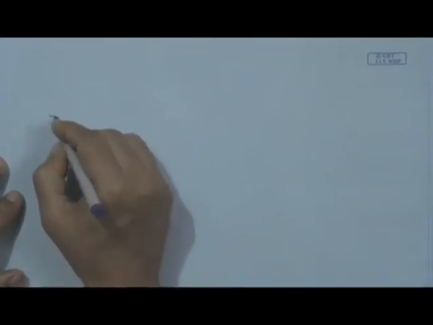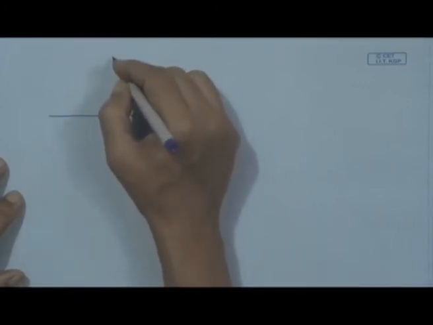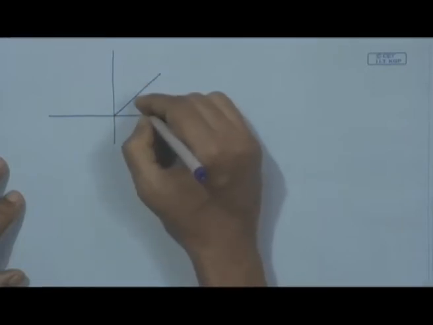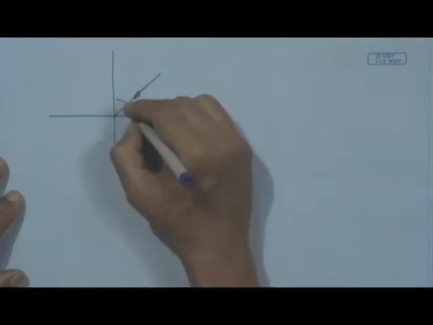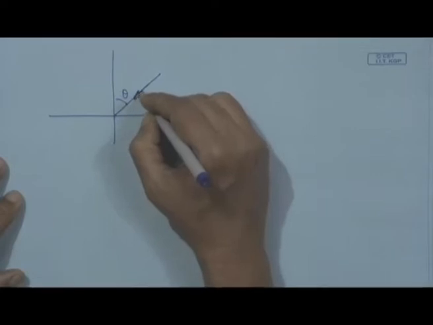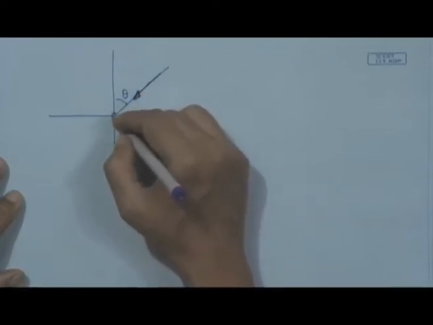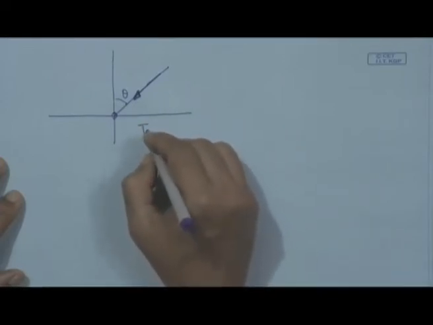Here the angle of incidence also comes into the picture. This is the surface, and if we consider this a normal, then this is the angle theta at which the incoming argon ion is going to hit or strike this target surface.